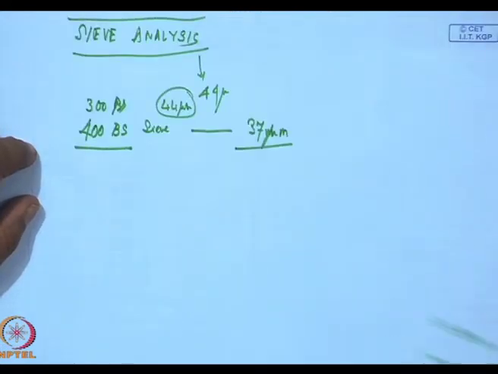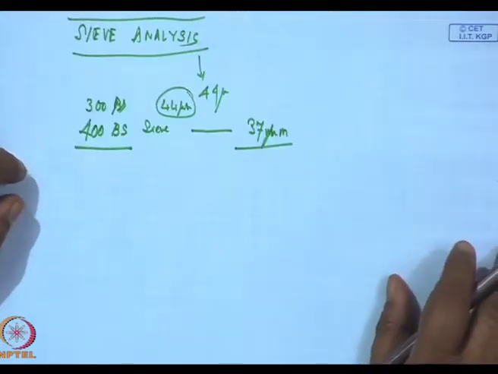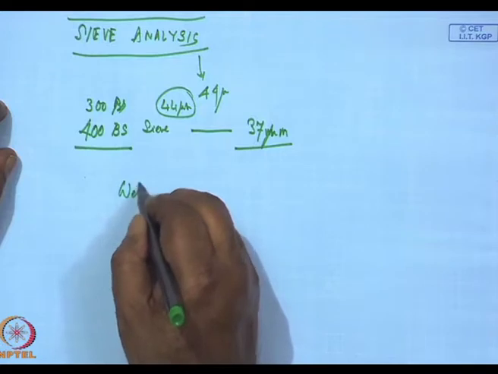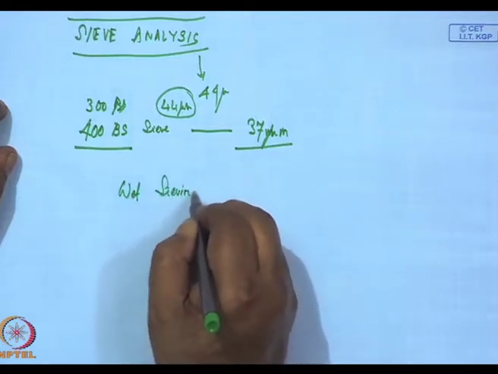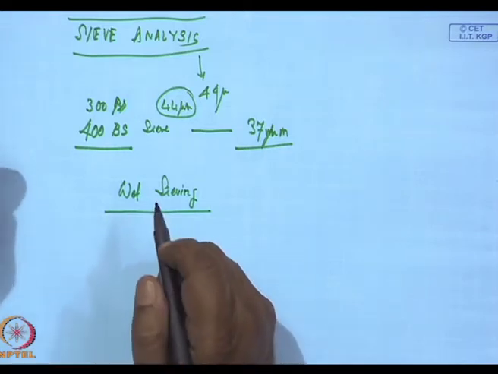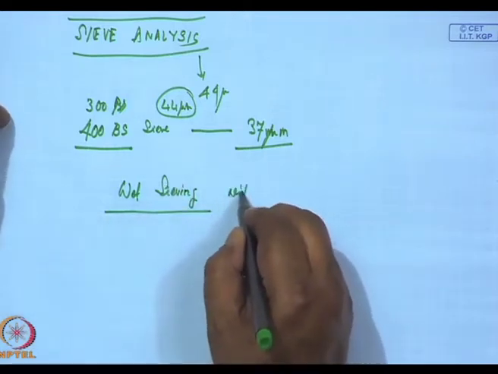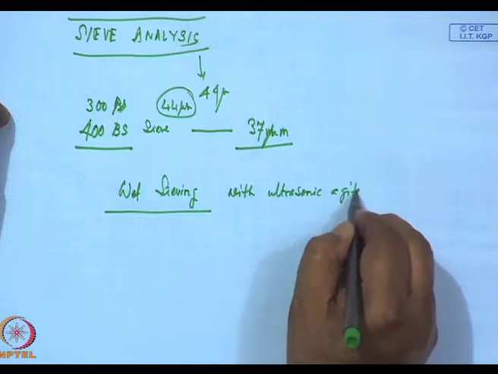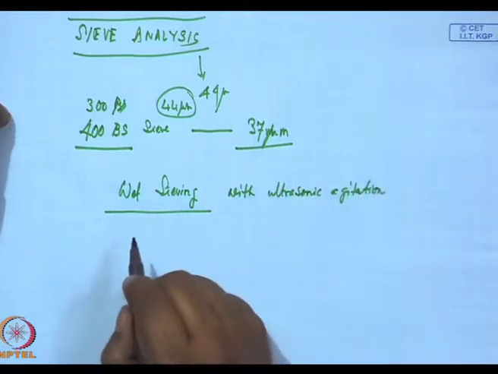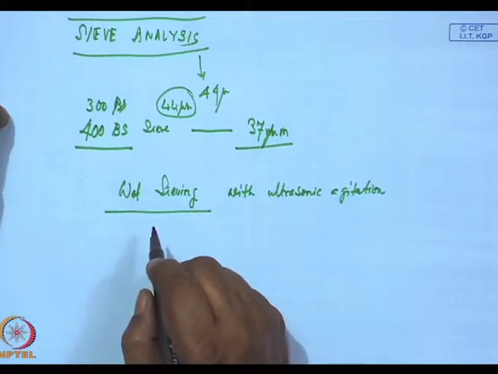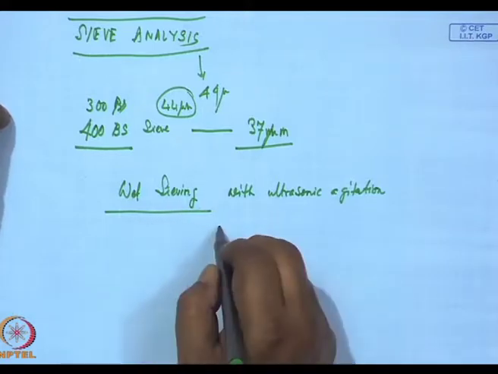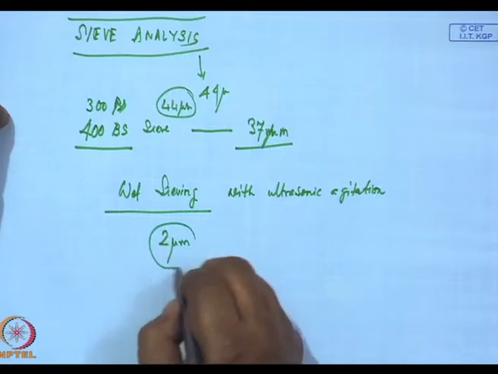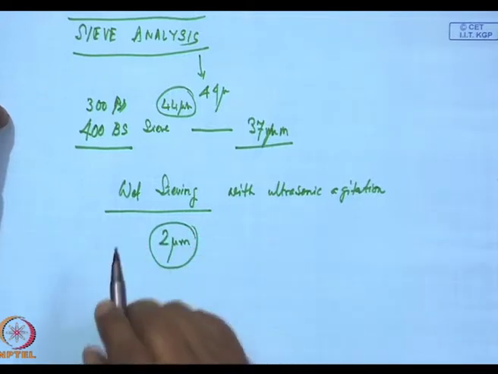So, if we use 400 BS, the situation gets very tough, but yet at times people do wet sieving with ultrasonic agitation to stop the blocking of the pores, and using wet sieving, powder size control up to 2 micrometer has been done.